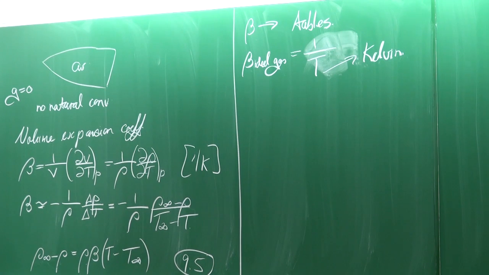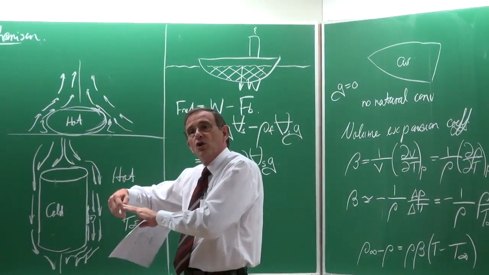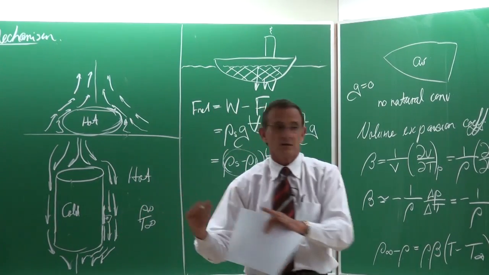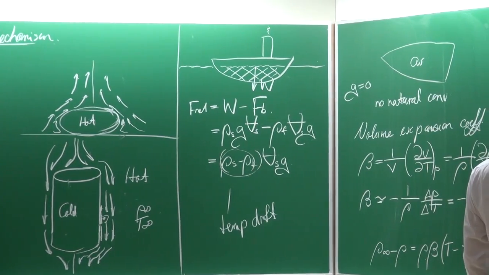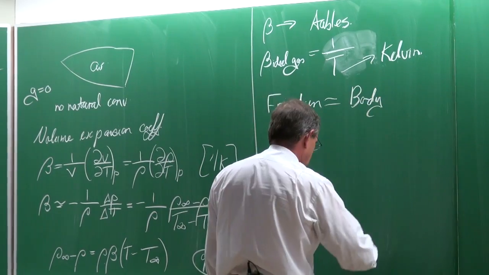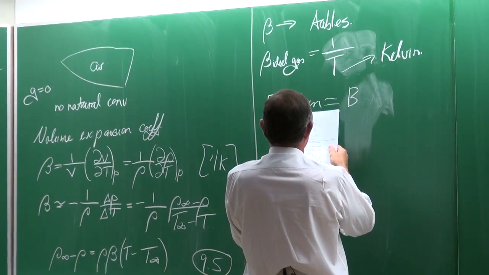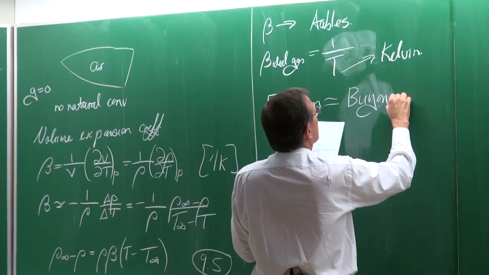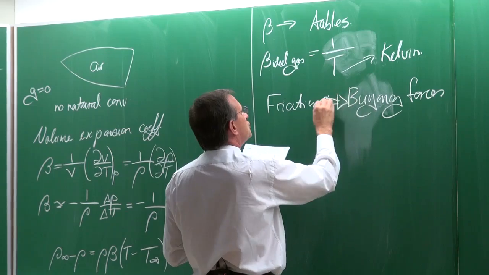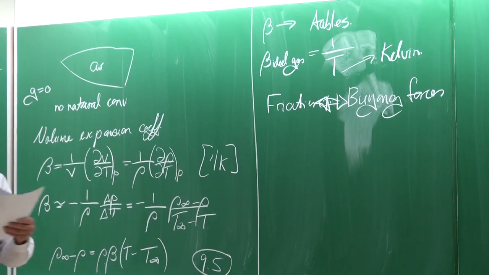If you look at the fluid mechanics of it, what is important is the forces which are going to be in balance: the friction forces and the buoyancy forces. The interaction of those two with each other is going to determine the flow field around the body.